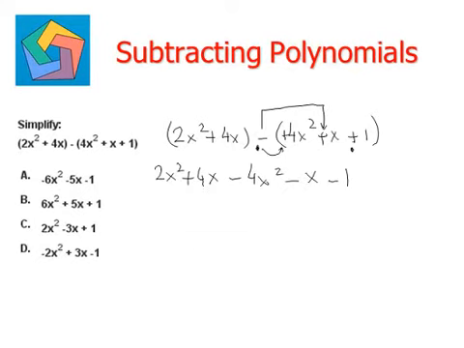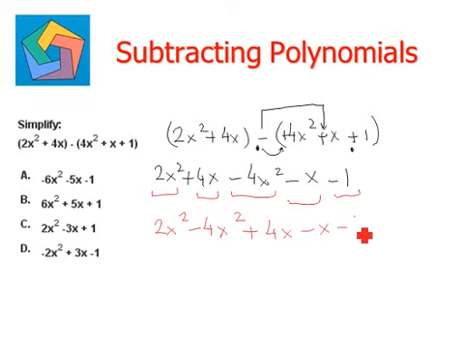Now we see the process of combining the like terms. 2x squared and negative 4x squared are like terms, so we write them down together. Then we have 4x and negative x as another pair of like terms, and negative 1 is all alone, no other constant, so we write it down over here.